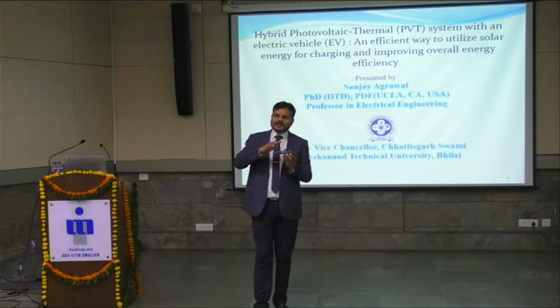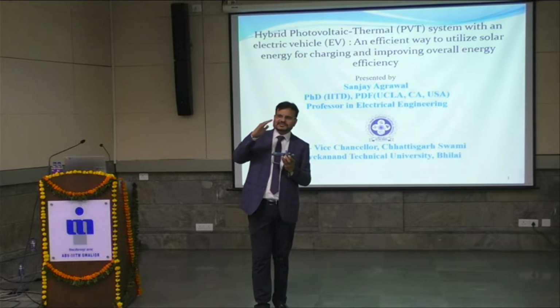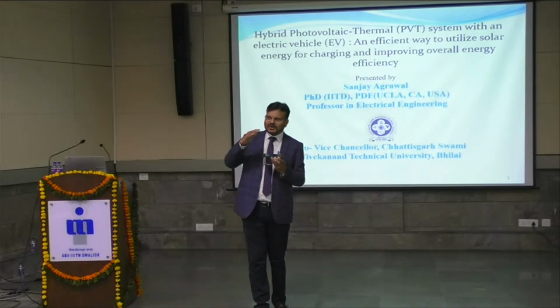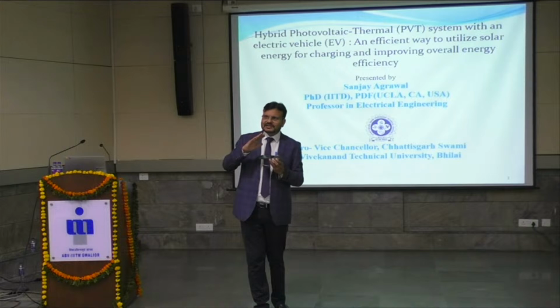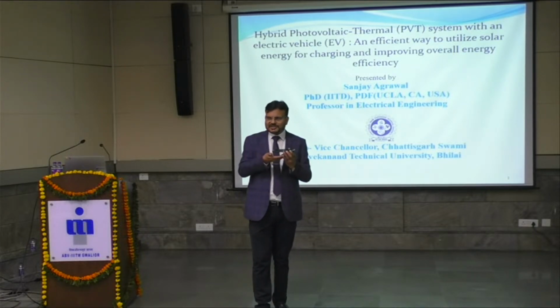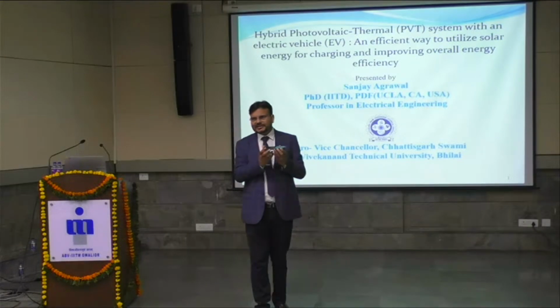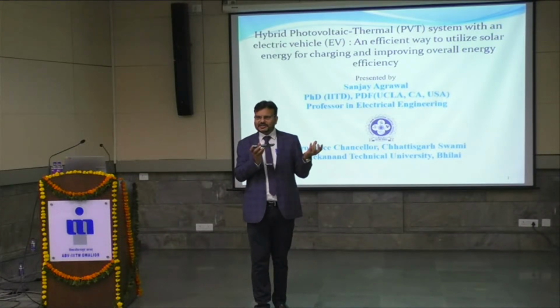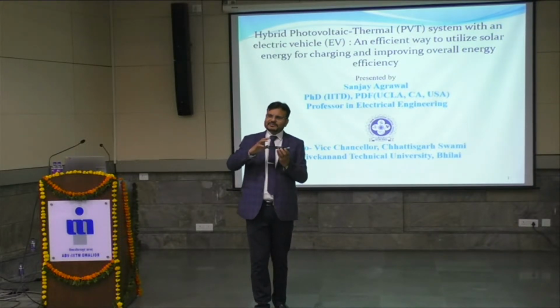That means our aim was what? Our aim was to enhance the electrical efficiency of the solar cell or the PV module, right? So for increasing the electrical efficiency, what did we do? Just make one channel, force the air, and collect the hot air. So the electrical efficiency, or you can say electrical output power, is increased.